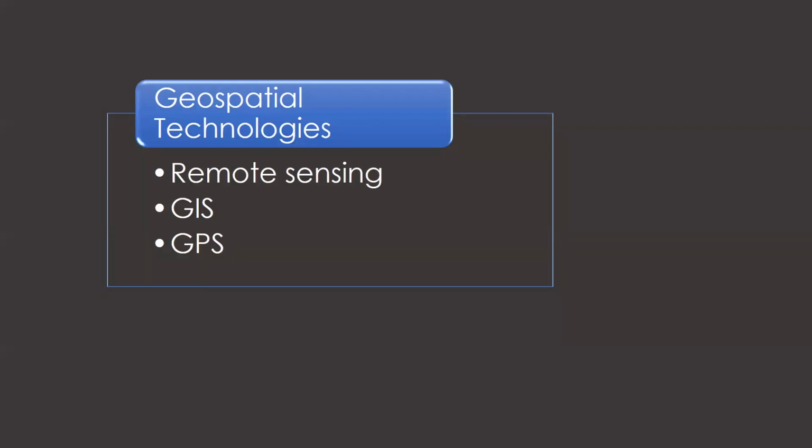And the third one is GPS, the Global Positioning System. These are the three technologies existing as of today, and we are dependent on them. And out of these three, if you ask me which one is the most important, I will say remote sensing is the most important aspect that everyone should be exploring. We should start exploring remote sensing technologies.